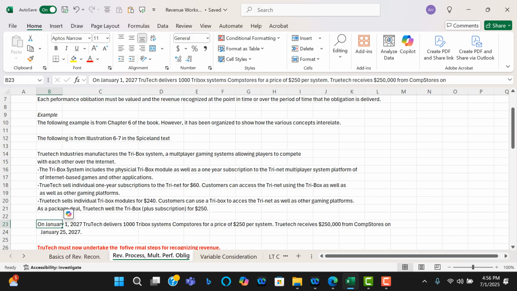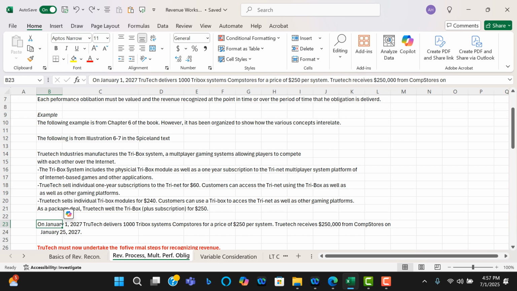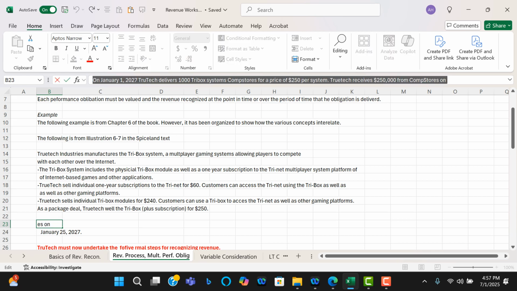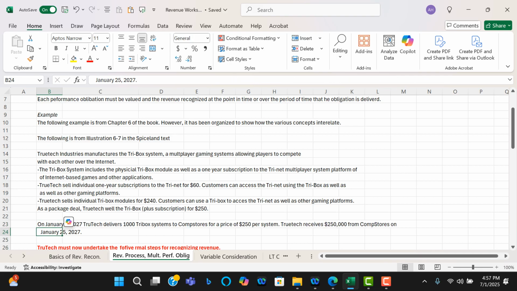Okay, so on January 1, 2027, True Tech delivers 1,000 TrueBox systems to, I'm going to put here, CompuStores. I'm going to put 2 there, 2 CompuStores. I do this because I want to make sure you understand this is a separate store.